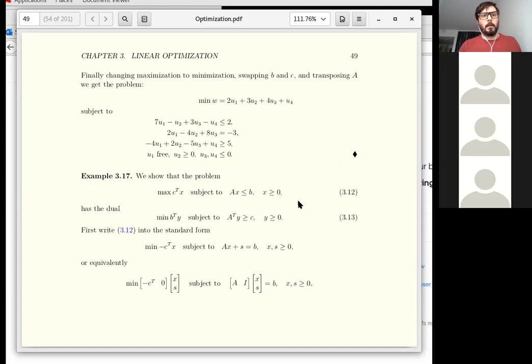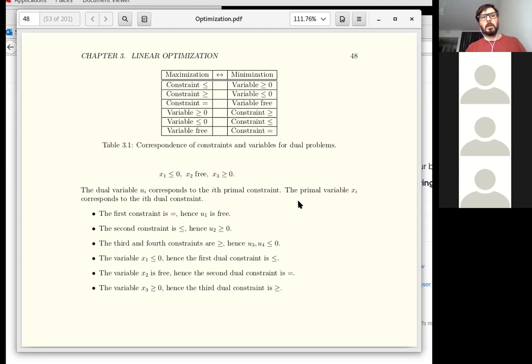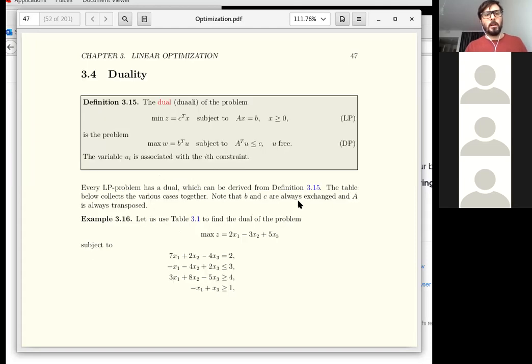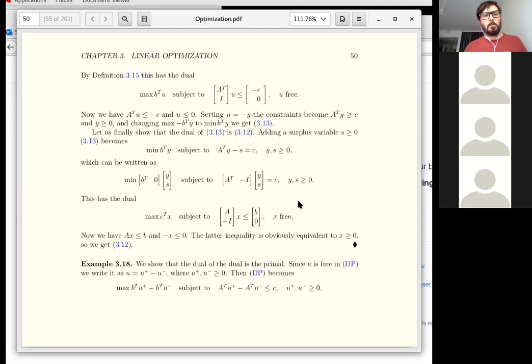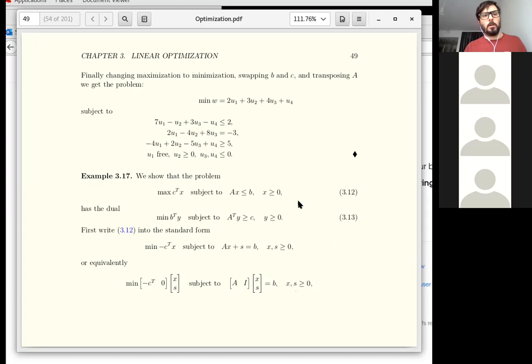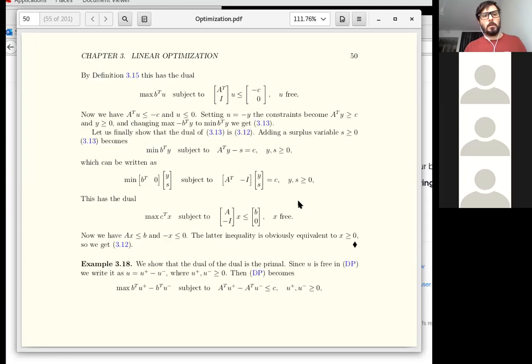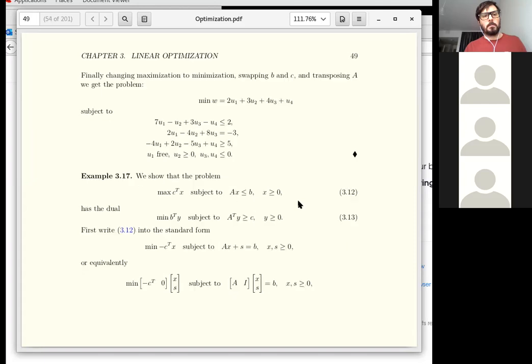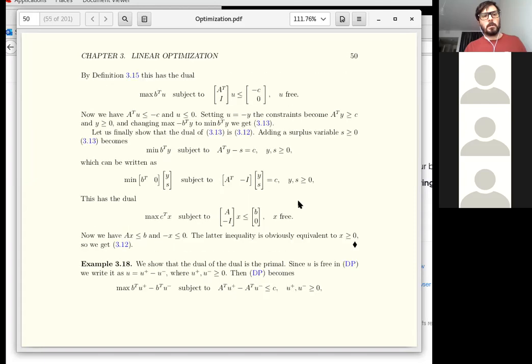We won't go to these examples because these examples cover this table 3.1 problems all. But let's see. Let's go here.